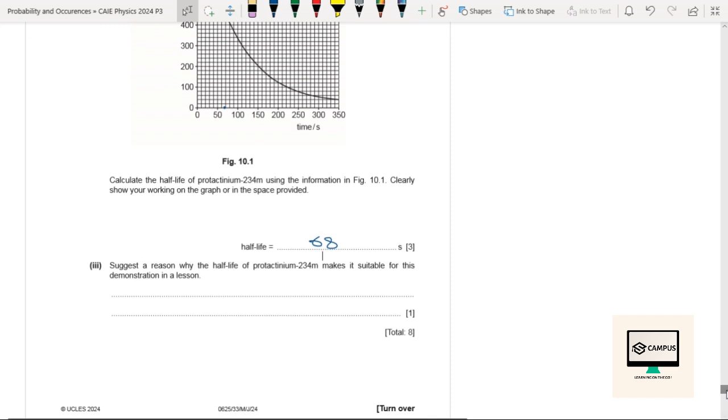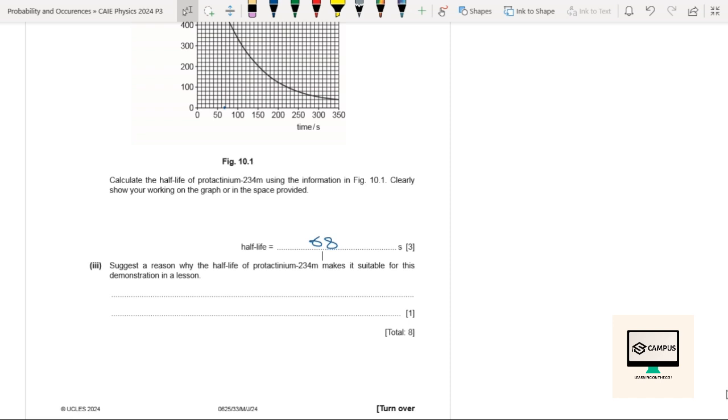That's the half-life. Okay, now the reason why the half-life of protactinium makes it suitable for this demonstration in our lesson. We know that half-lives of different elements vary. It can be as low as picoseconds or nanoseconds, and it can go as long as billions of years. So the choice of protactinium for demonstration in a class, a lesson is usually 50 to 60 minutes.